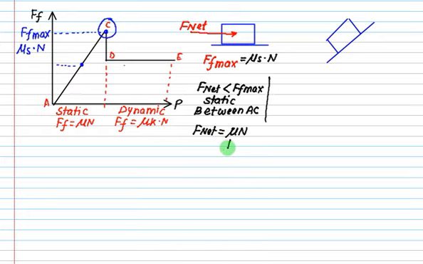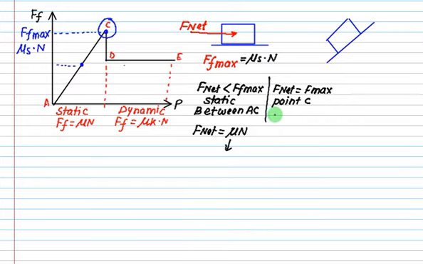And you can find out the missing value of the coefficient of friction. The second case is that F net is almost equal to F max. This is called on the verge of motion, and this is exactly the point C, also called impending motion.